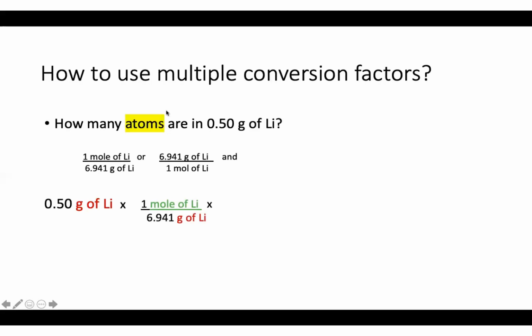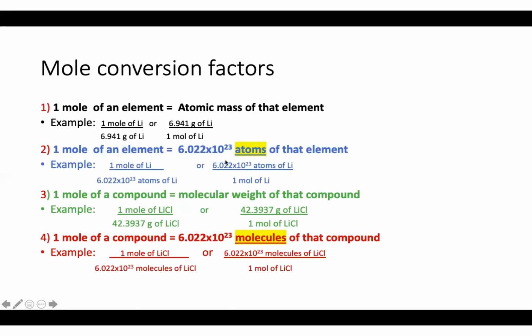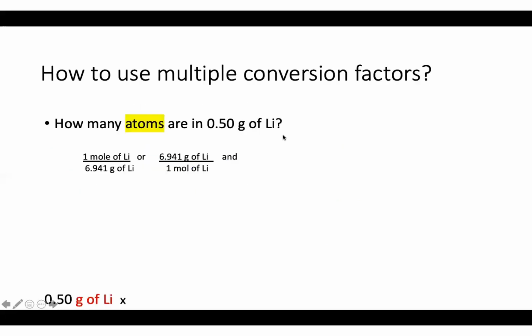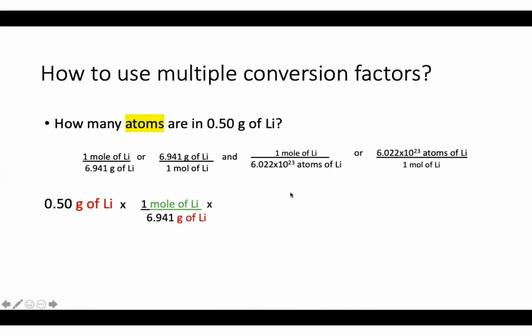Okay, how can I convert the mole to atoms? I should use equation number 2 here because I have atoms in it. So I'm going to use a mole conversion factor, conversion factor number 2, and I'm going to use the one that has a mole in the denominator.